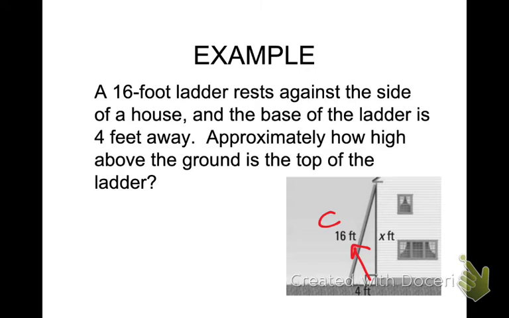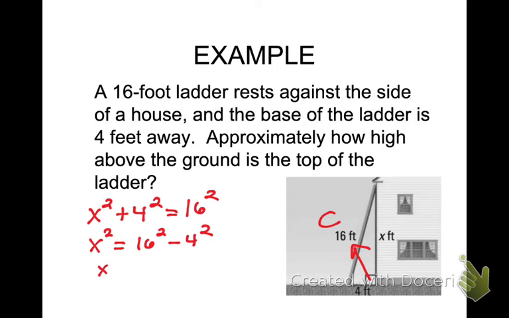So my hypotenuse is over here at 16. So I'm going to do an x squared plus a 4 squared and set it equal to 16 squared. So x squared is going to be equal to whatever 16 squared minus 4 squared is. So 16 squared minus 4 squared on my calculator gives me 240.